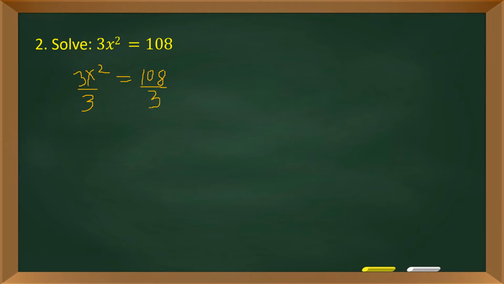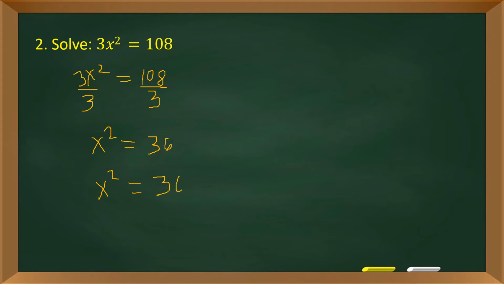So, 3 over 3 becomes 1. 1 times x squared is simply x squared na lang. But 108 divided by 3 is 36. And it looks like the right side of our equation is now a perfect square. So, safe na tayo na mag-square root both sides.